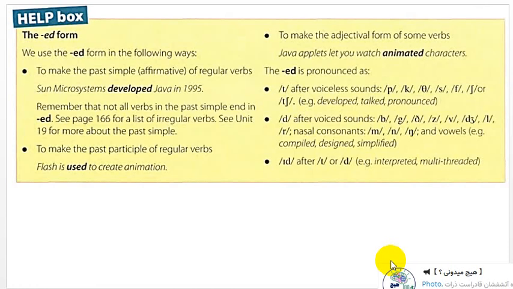The -ed is pronounced as T after voiceless sounds like P, K, S, F, Sh, or Ch. Example: developed, talked.